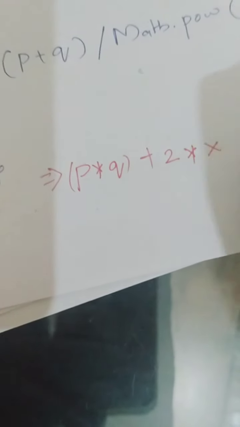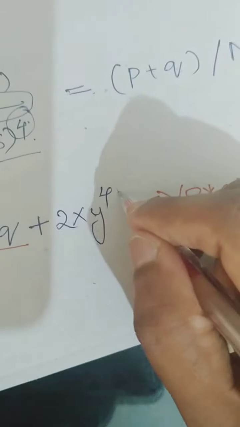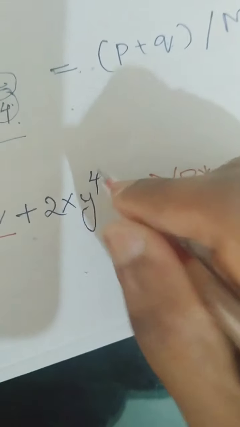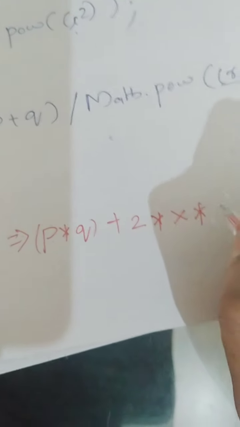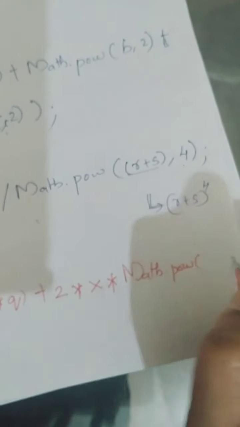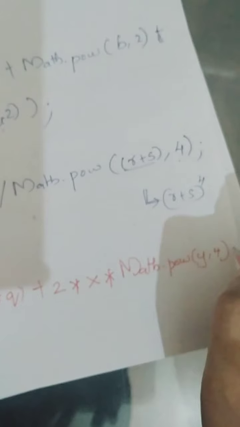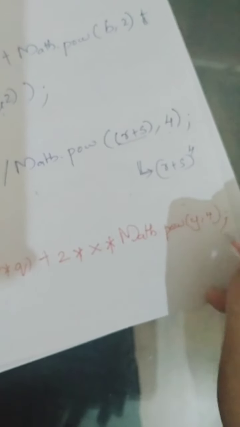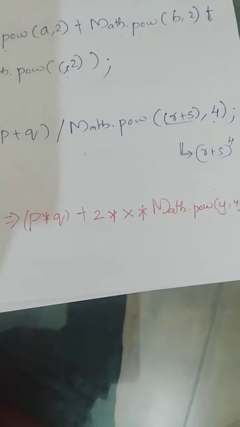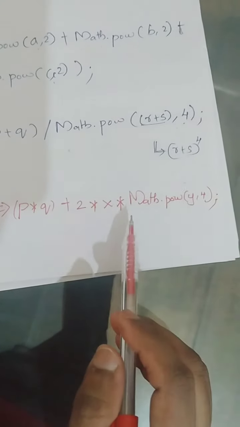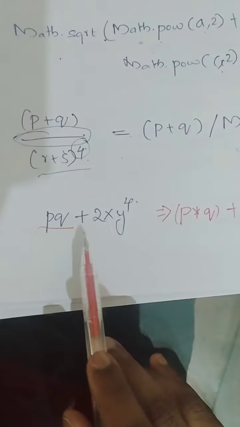There is no 2xy, so you have to write 2 * x * ... here it is not whole raised to 4. It is just y raised to 4. So you write Math.pow(y, 4); semicolon. Clear? P * Q + 2 * x * Math.pow(y, 4).